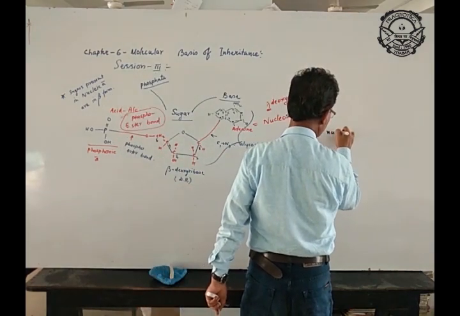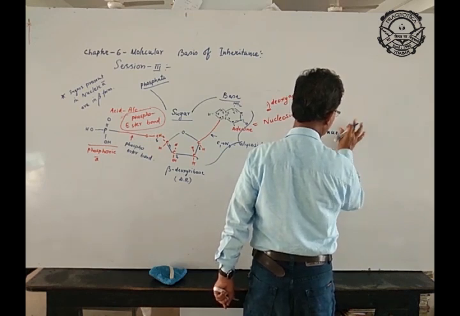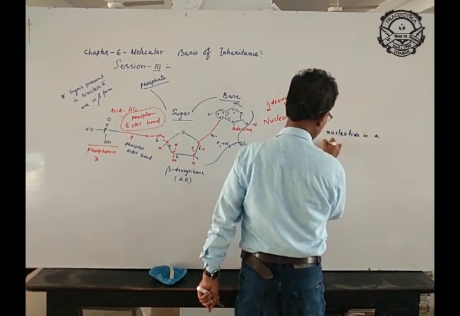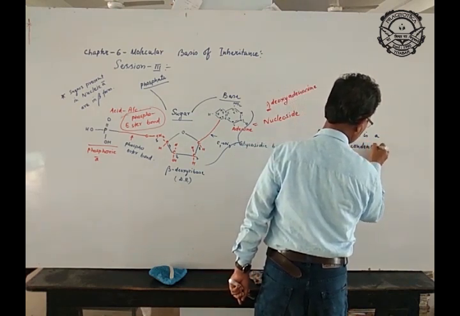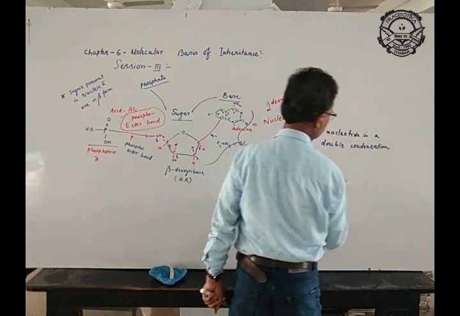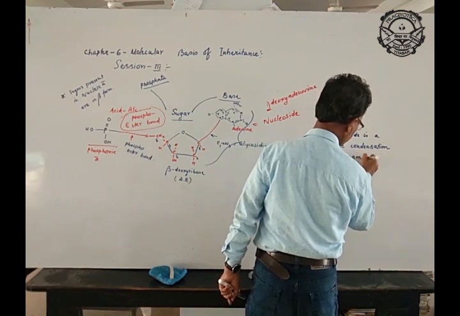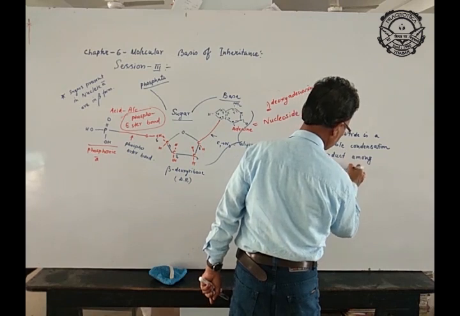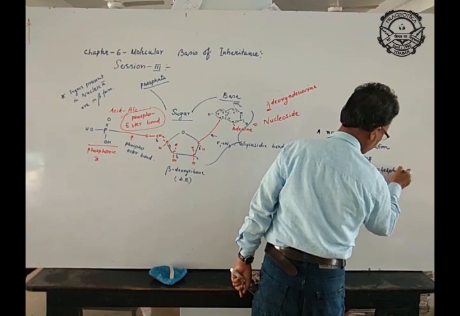A nucleotide is a double condensation product among sugar, nitrogenous base and a phosphate group.